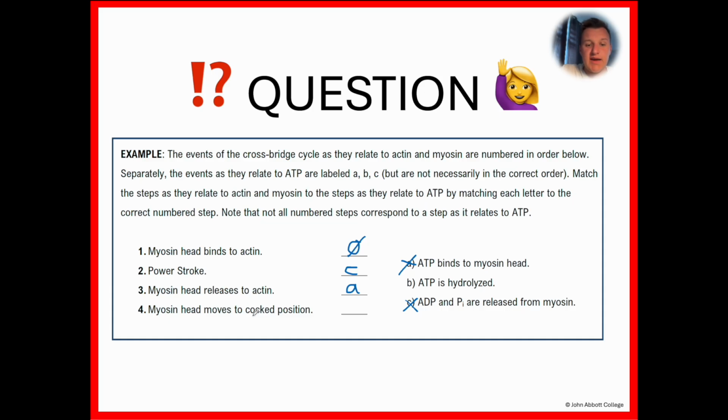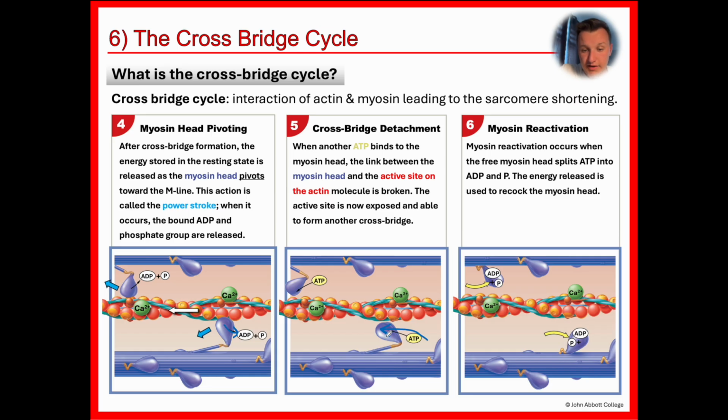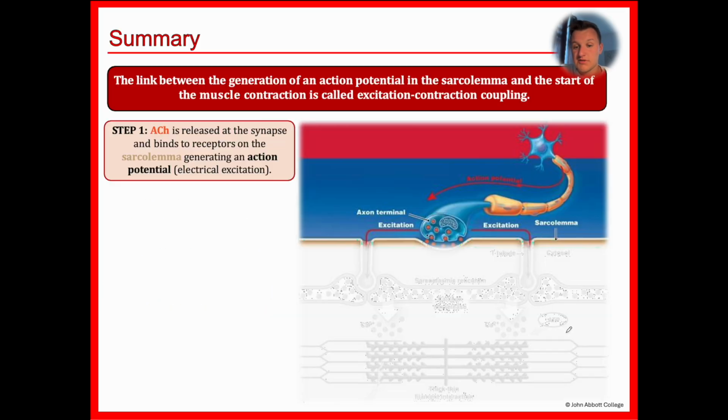And then the myosin head moves to the cocked position. Over here, once the ATP is inside, the ATP that's inside gets converted and broken down, hydrolyzed into ADP and phosphate. So it gets broken apart, ADP and phosphate, and it brings it back to the high energy conformation, the cocked position.